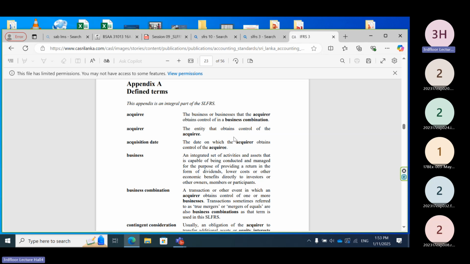At which stage did you get the control? Acquisition date. So it's obvious that you have to calculate the goodwill at the acquisition date. No argument. Acquisition date, again, goodwill calculation. Why? On that date, the acquisition date, you are getting the control.